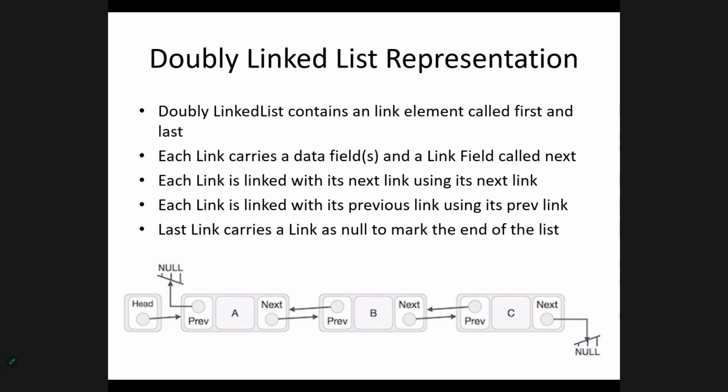The difference is that in a doubly linked list, a container has three components. One is to store the data element, another is to represent the next node, and another is to represent the previous node. So then it will be able to traverse in both directions, the next and previous, right?